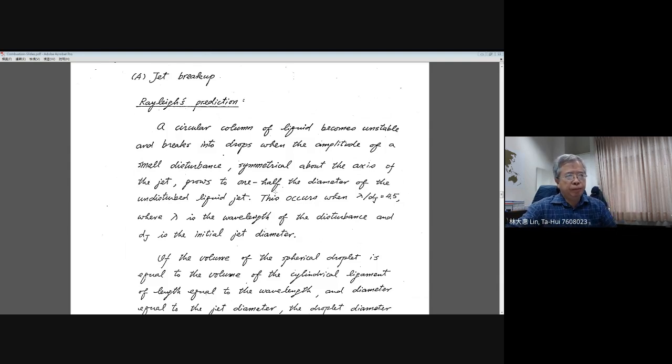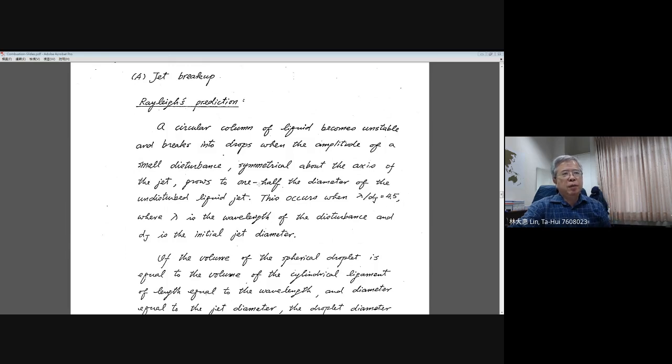You can see the amplitude of the disturbance is large enough, just equal to 1/2, then it will break the ligament into droplets. When you have this ligament, that is just one wavelength of your liquid current. This occurs when the wavelength is equal to 4.5 dj, where dj means the jet diameter.